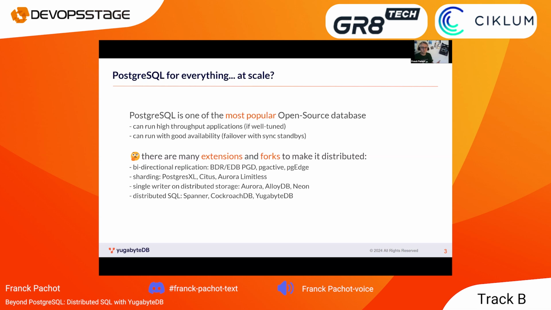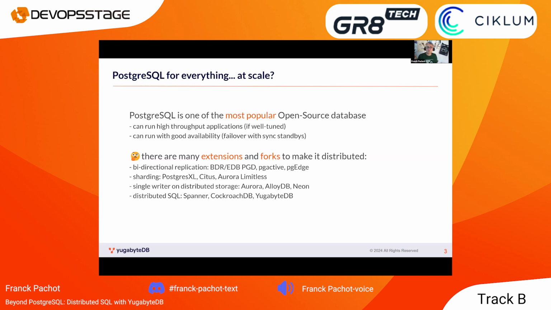You want to protect it with some replication or distribute it with some replication. A lot of different solutions: bidirectional, where you have multi-master, but then you have conflicts if you write on both sides. Sharding, where you split your workload, you have a sharding key that the application must know, and you split your workload to multiple databases. Examples, Citus in Azure or Limitless.